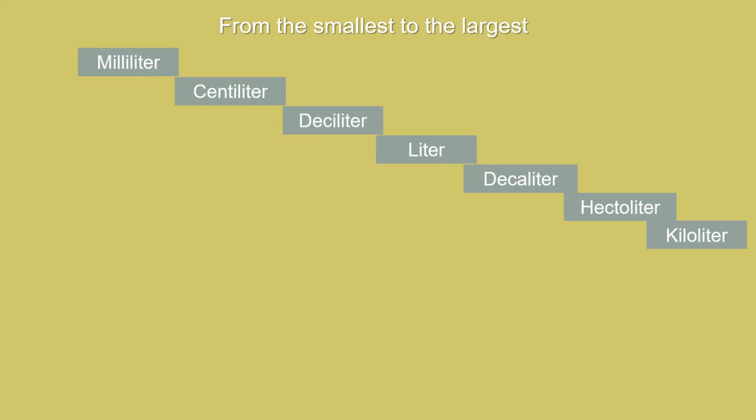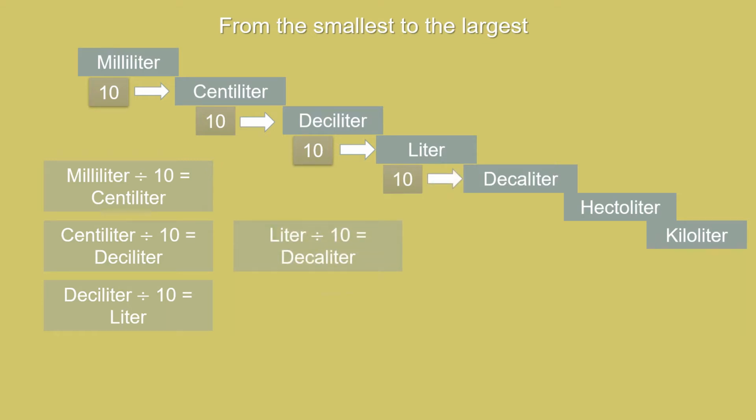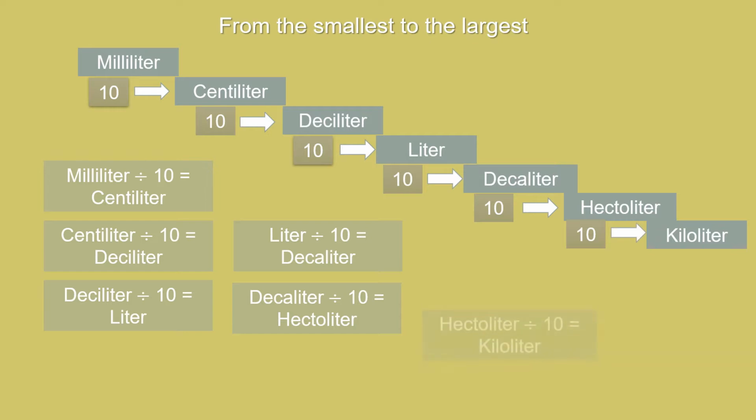Milliliter divided by 10 will give centiliter. Centiliter divided by 10 will give deciliter. Deciliter divided by 10 will give liter. Liter divided by 10 will give decaliter. Decaliter divided by 10 will give hectoliter. And hectoliter divided by 10 will give kiloliter.